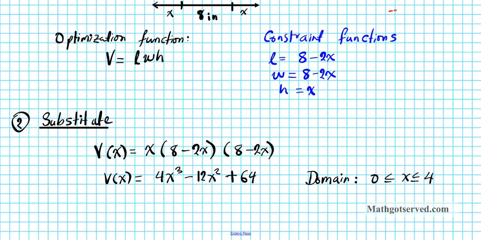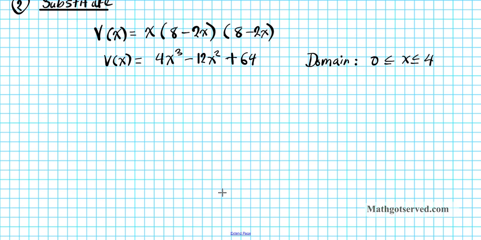All right, so now we have the domain, and we also have the function in terms of one variable. Now we're going to shift our attention to part 3. We're going to find the extremas.